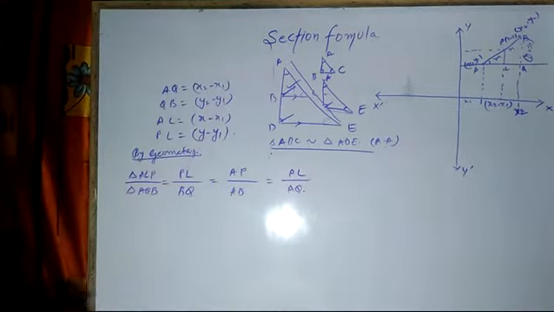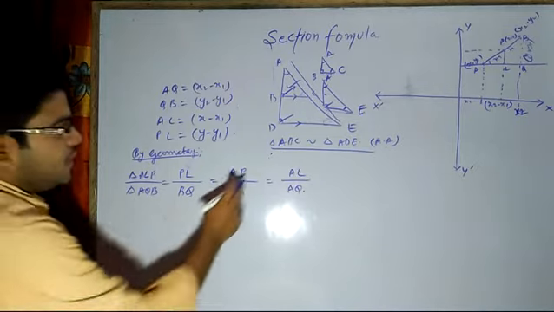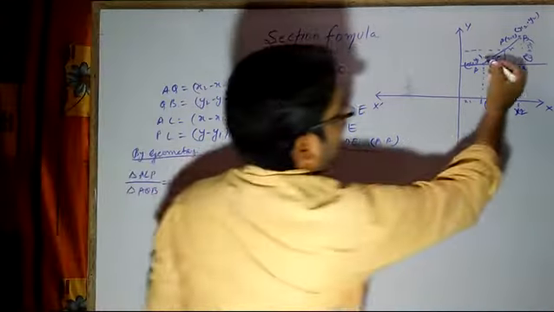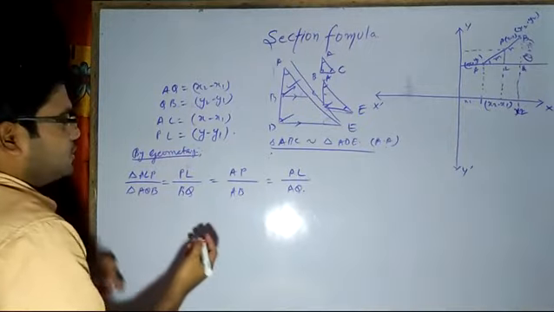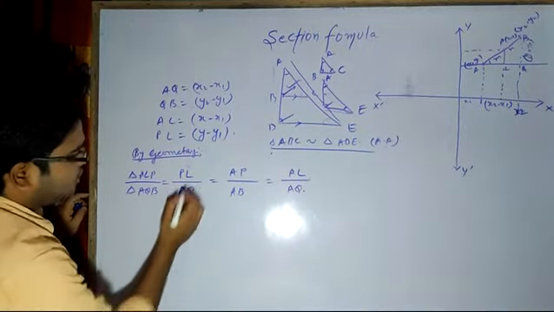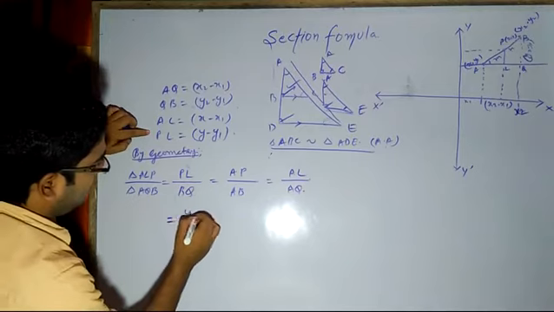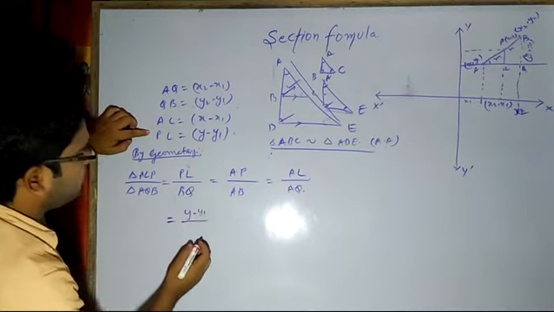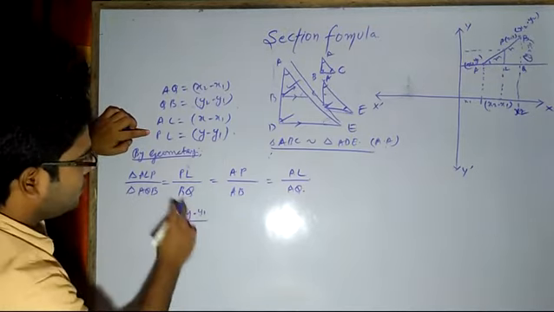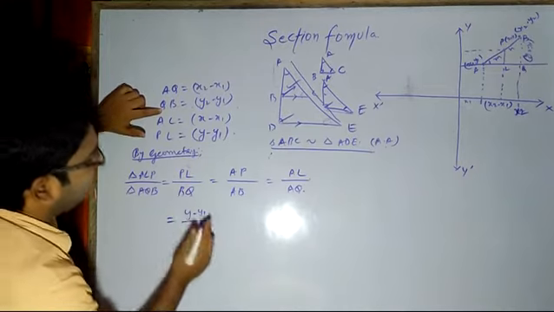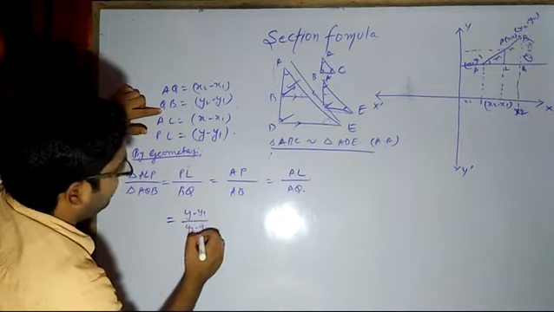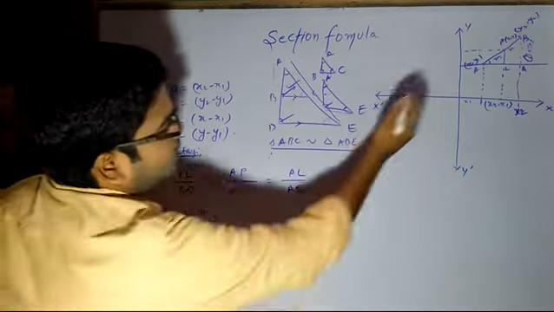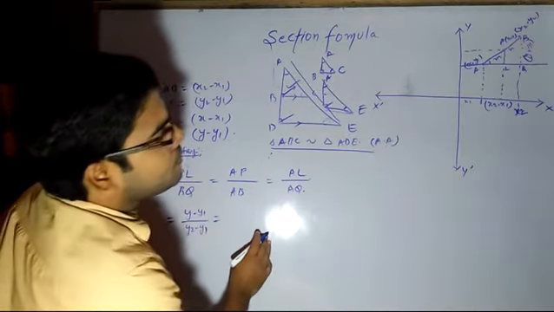Now if you see AP and AP upon AB, can you write? Okay, let it be. PL is what? y minus y1. We will substitute the value. y minus y1 upon BQ. Where is my BQ? QB. That is y2 minus y1. AP. In place of AP, can I write?